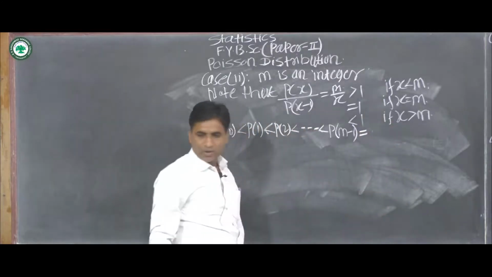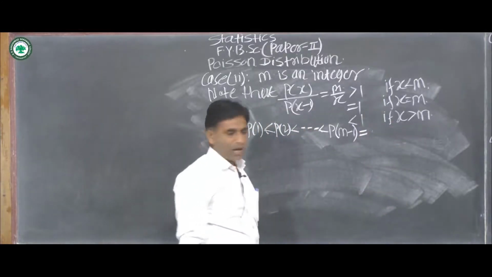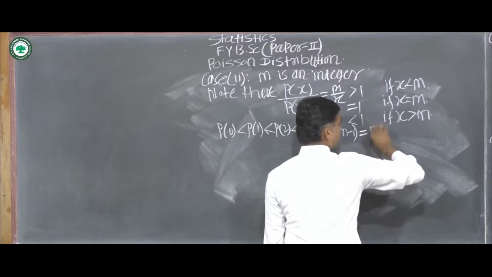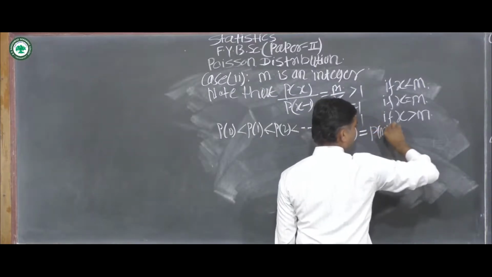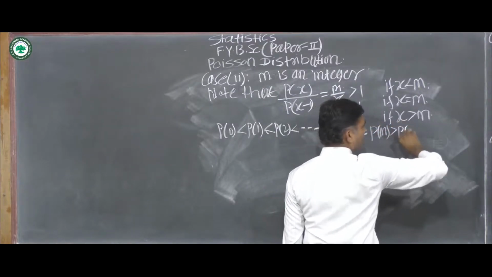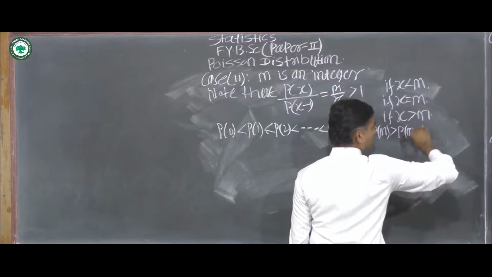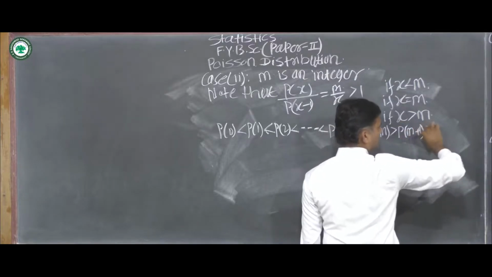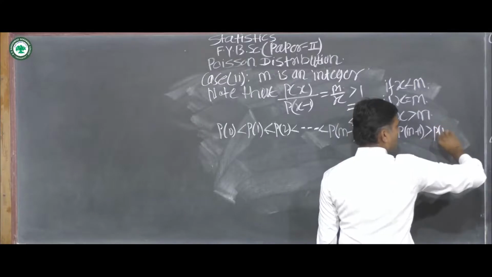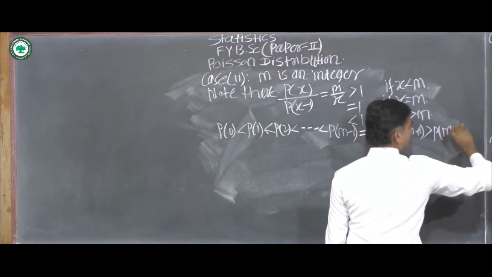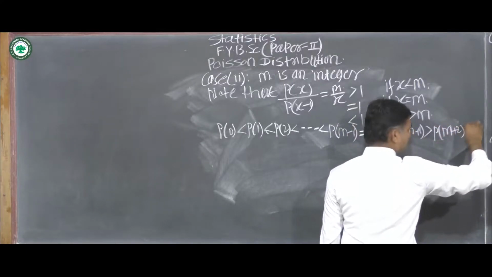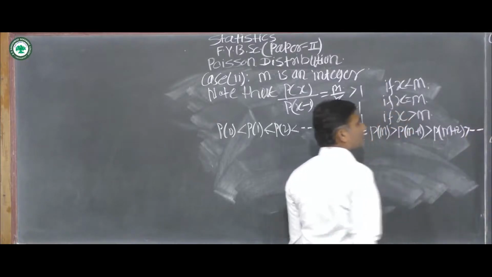This is equal to probability of m, which is greater than probability of m plus 1, greater than probability of m plus 2, and so on.